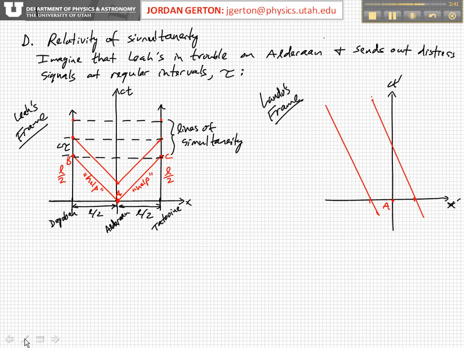But the important thing is just to note that the light signals still have to have a 45-degree slope because they're light.